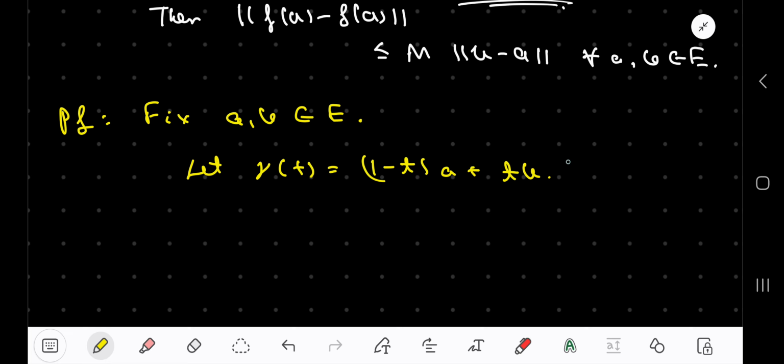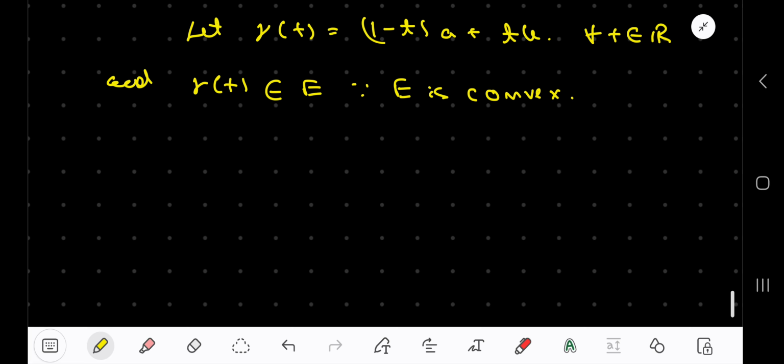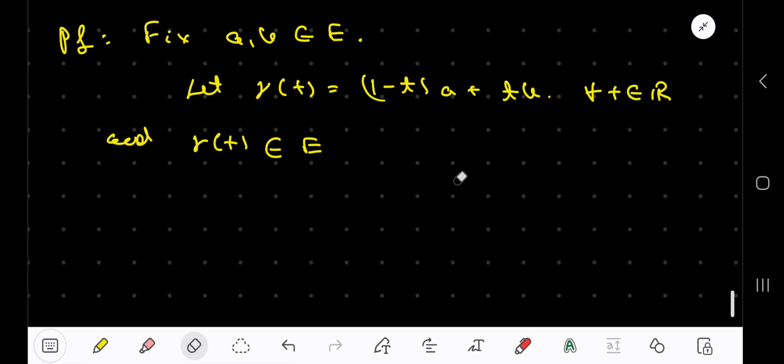Gamma of t should be in E for all t with 0 less than or equal to t less than or equal to 1, since E is convex, the line segment joining a and b.